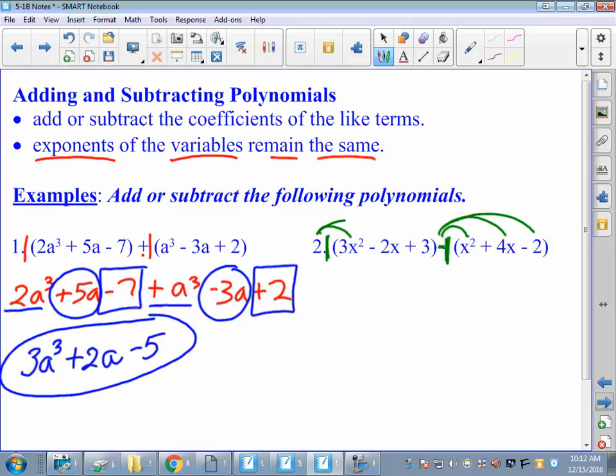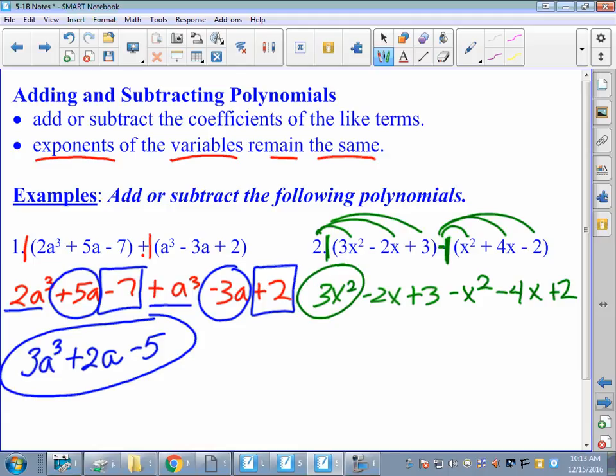So when I distribute a positive 1, everything remains the same, 3x squared minus 2x plus 3. But it eliminates the parentheses. And then I'm going to distribute a negative through negative x squared, negative 4x plus 2. And then now we just clean up. I have 3x squared over here.